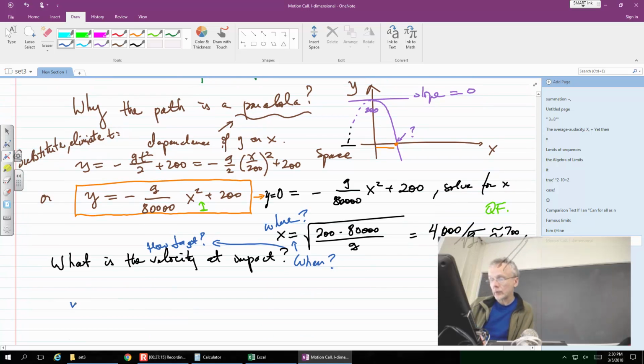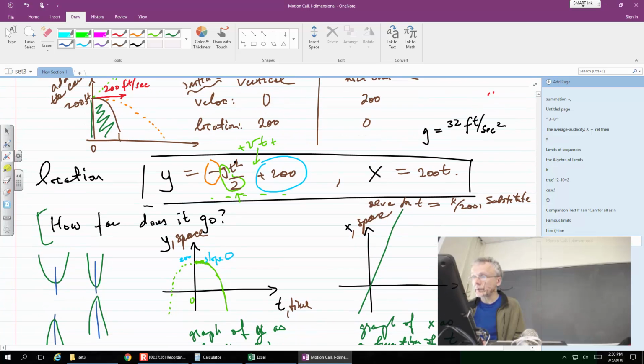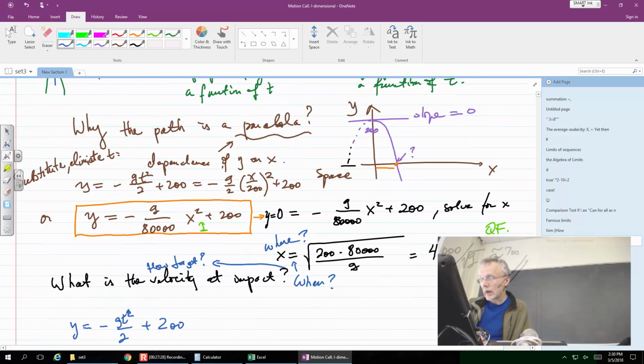So y is equal to negative gt squared over 2 plus, what? Plus 200, yeah. Plus 200. We set it equal to 0 and solve, but not for x, for t. Solve for t. So then t is equal to the square root of 400 divided by g.